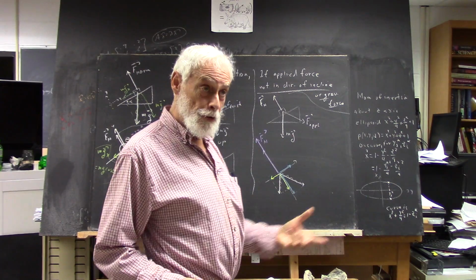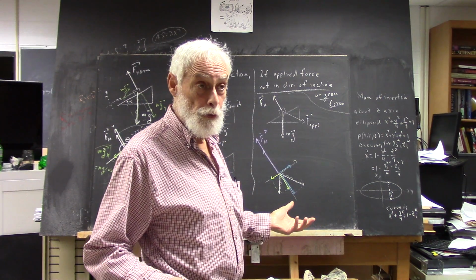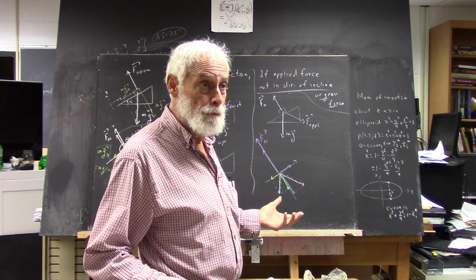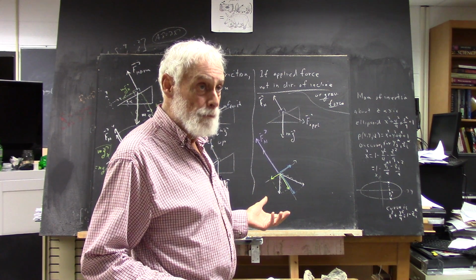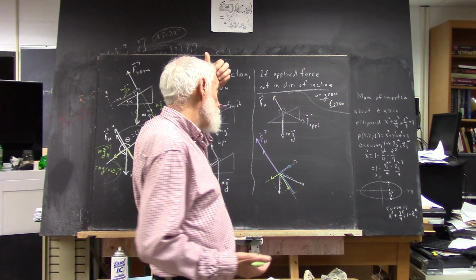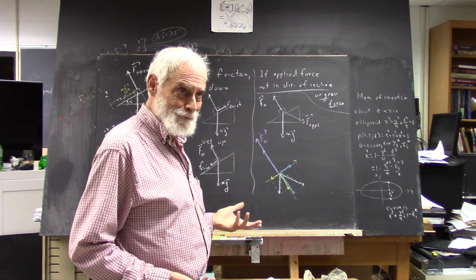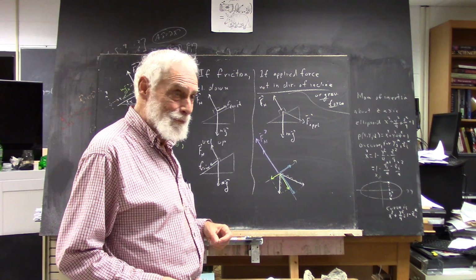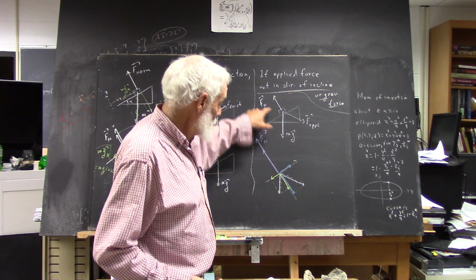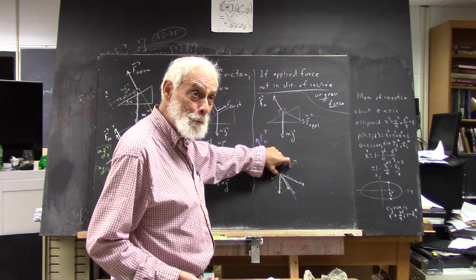If it's a static situation, what's the direction of the frictional force? Up the ramp. Yeah, because well, no, not necessarily. Okay? Oh, yeah, it depends on the relative lengths of these two. In this case, I intentionally drew this one pretty big, okay?